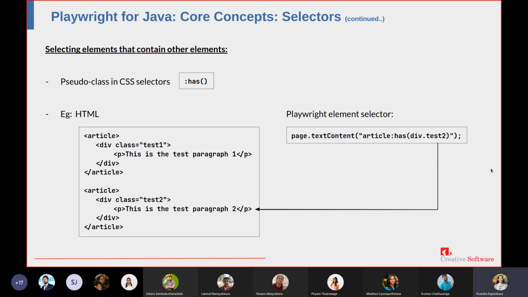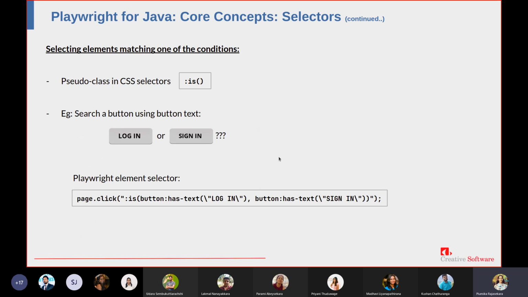And also we have another conditional selector. We can use the is pseudo class to match an element for any of the parameters passed with our element identifier. For an example, let's say we have a button in a web page. We are not very sure about the button text.